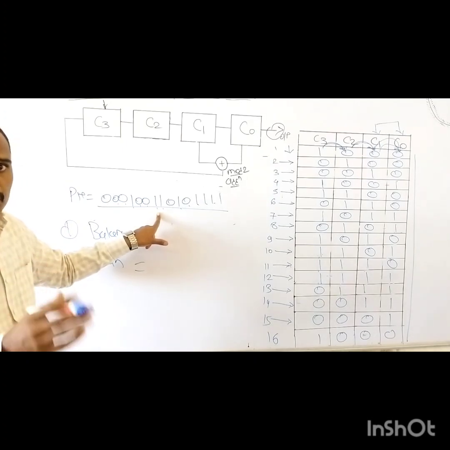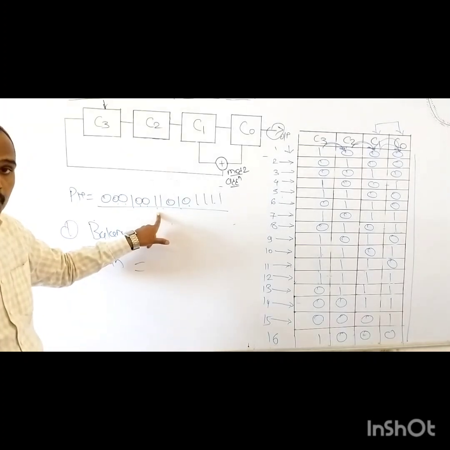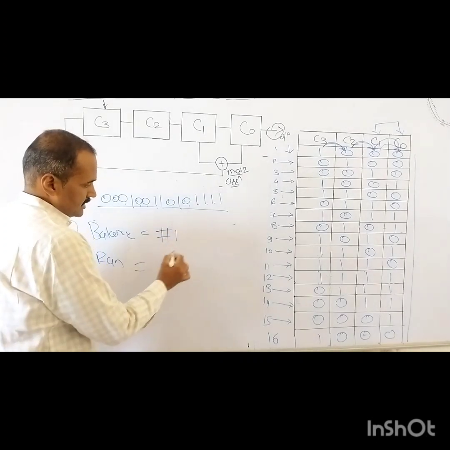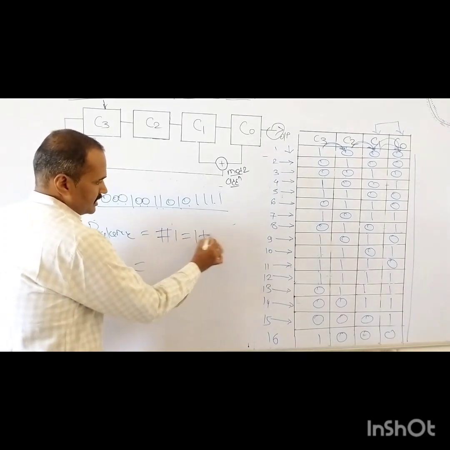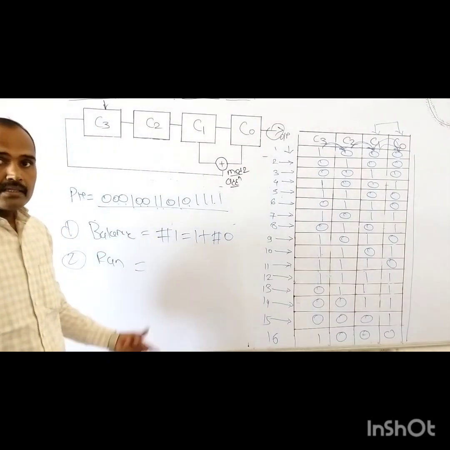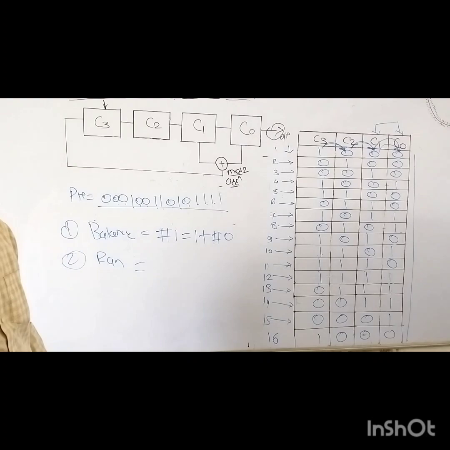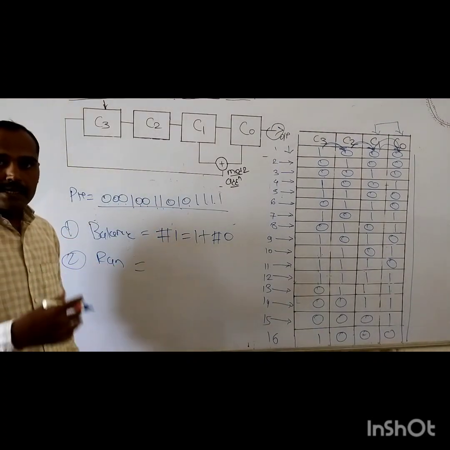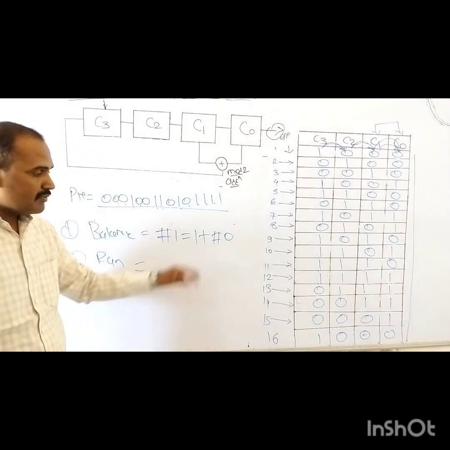How to express this property? Very simple. The total number of ones equals 1 plus the total number of zeros, right? So this is the unique property of this PN sequence: the number of ones is greater than the number of zeros by an amount of 1, right?